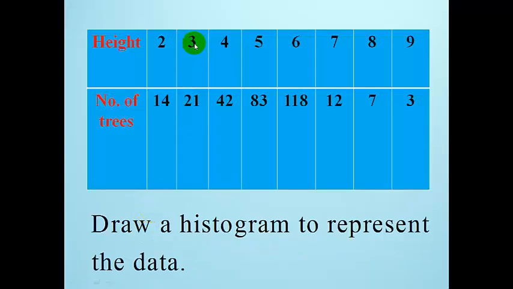The height 3 corresponds to 21. That is, 21 trees correspond to the height of 3.